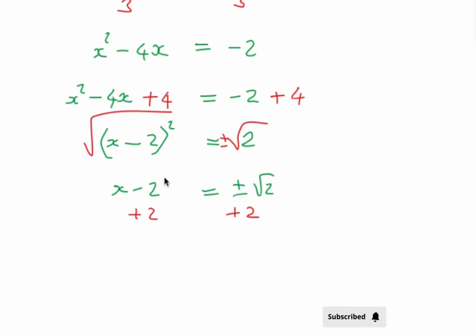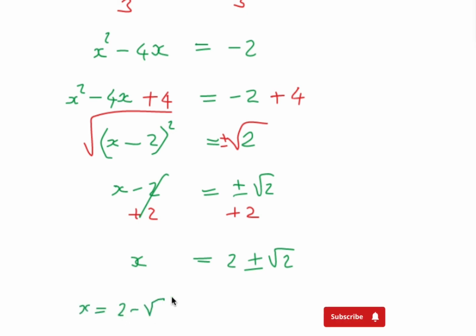Now this cancels and x equal 2 plus minus square root 2. So one value is 2 minus square root 2 and the other value is 2 plus square root 2. And this is the answer.